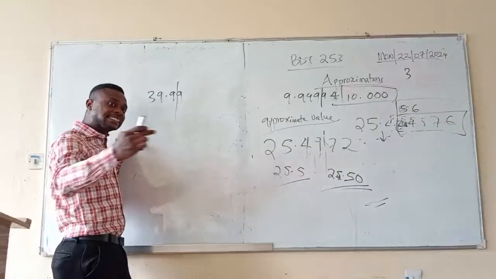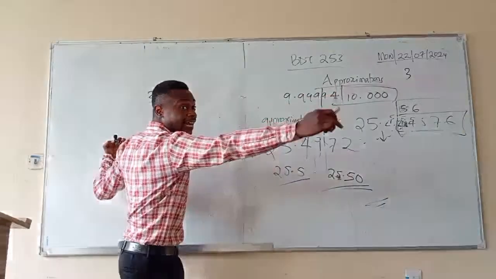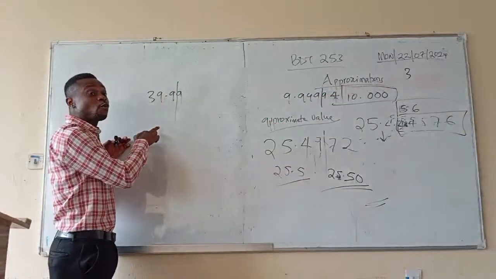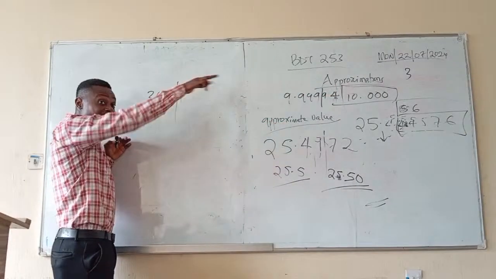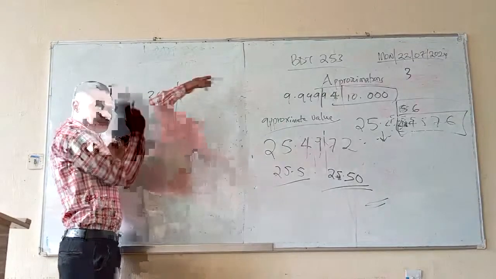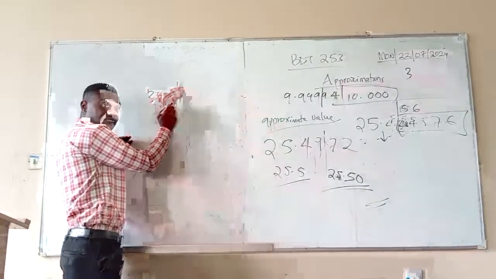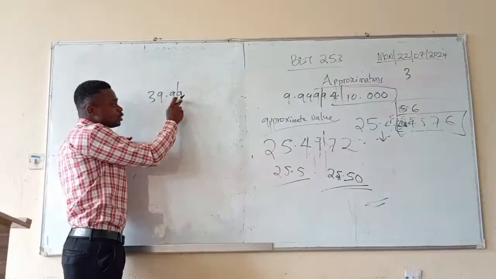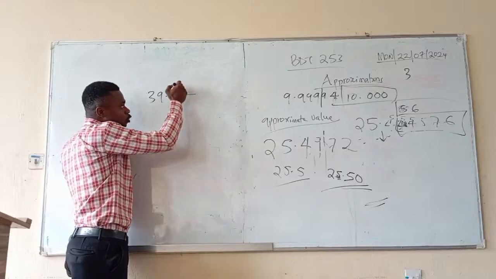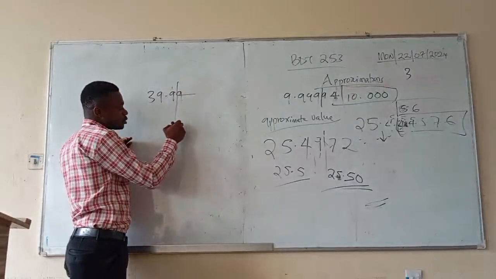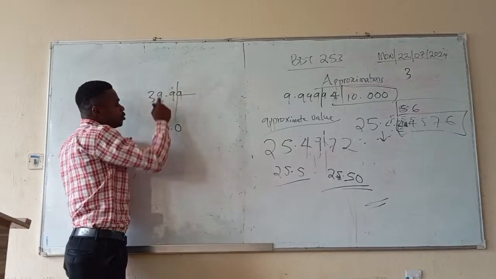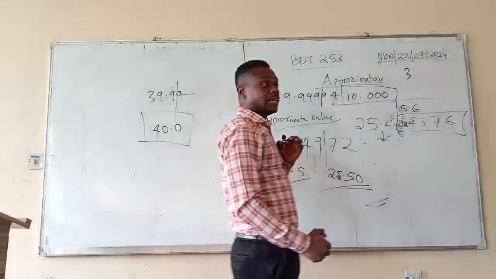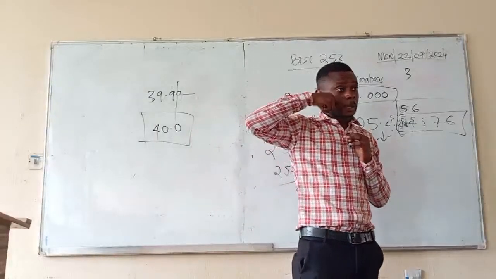We are approximating based on a different criteria, right? This one is based on what? Place. So here it is based on place value. This is tenth, right? Don't throw this away, remember. This is above 5, so we take it up, right? 0 here, add 1 here becomes what? Nearest tenth is 40.0.